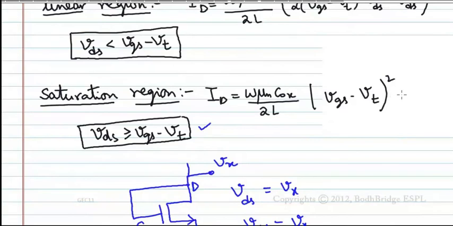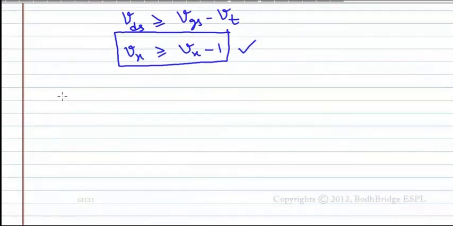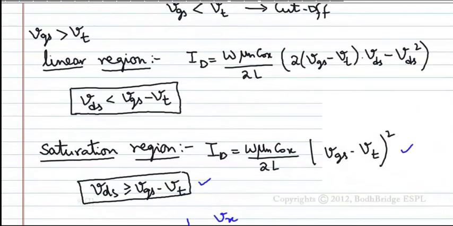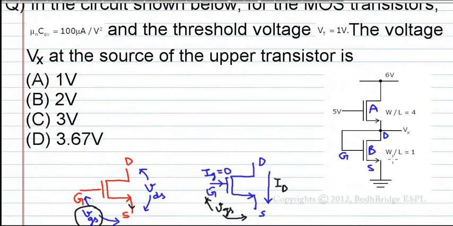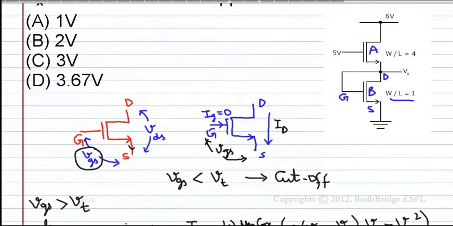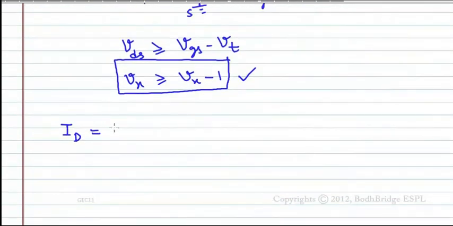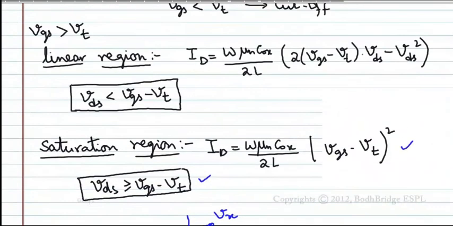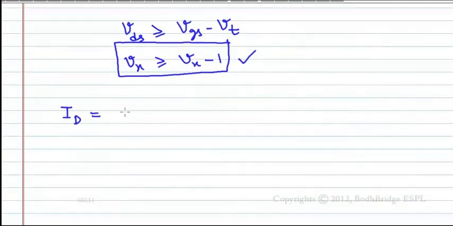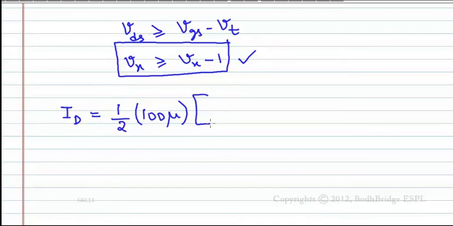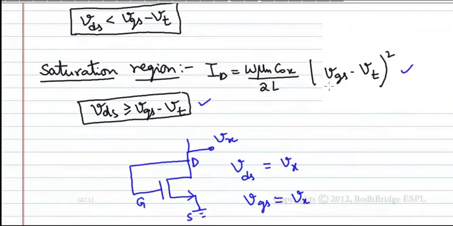The current should follow this formula. Therefore, ID is W mu n into COX by 2L. First of all, W by L is given as 1 for this one, and mu n into COX is given as 100 mu. Therefore, 1 by 2 into 100 mu into VGS minus Vt whole square.